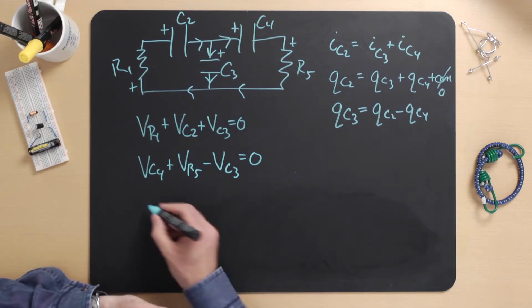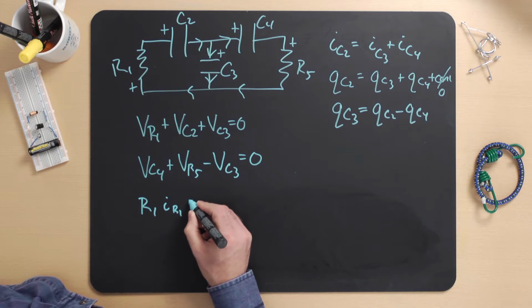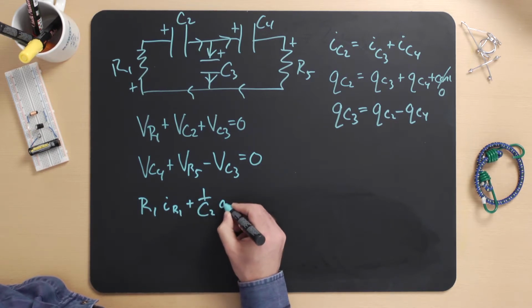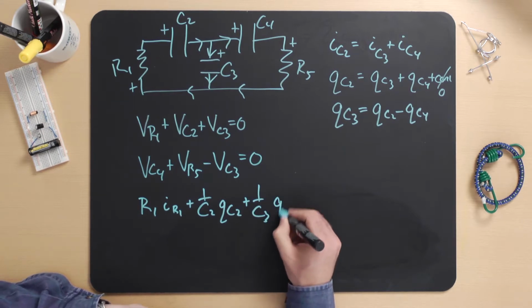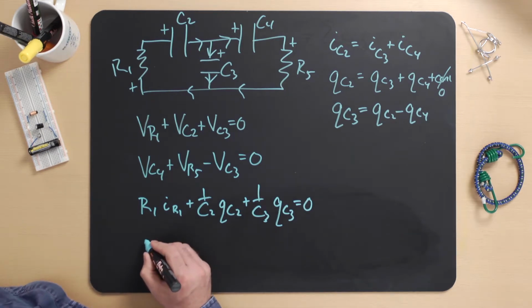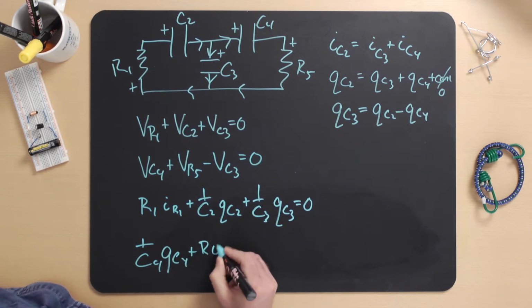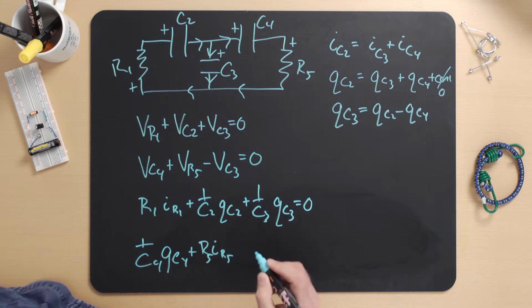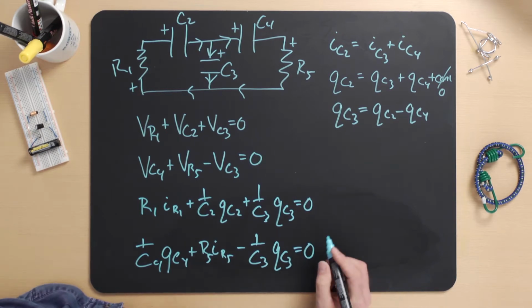From these, I can conclude that R1 IR1 plus 1 over C2 QC2 plus 1 over C3 QC3 is equal to 0. I can also conclude that 1 over C4 QC4 plus R5 IR5 minus 1 over C3 QC3 is equal to 0.